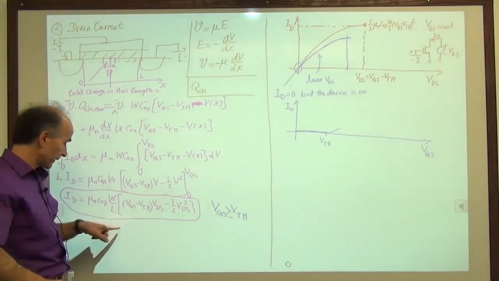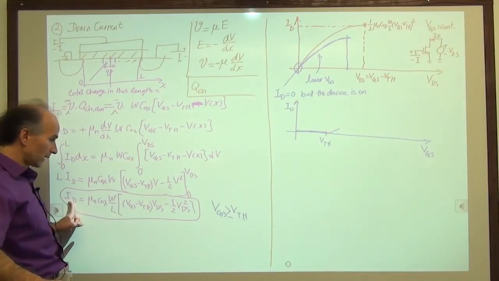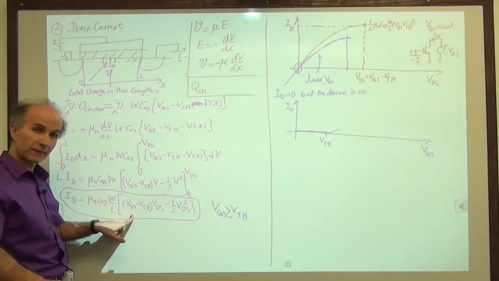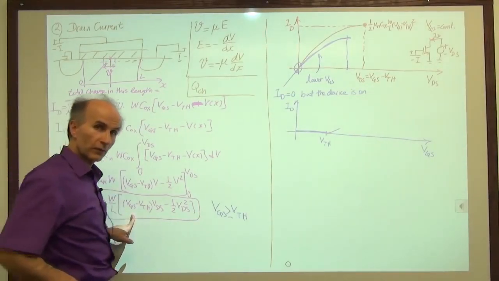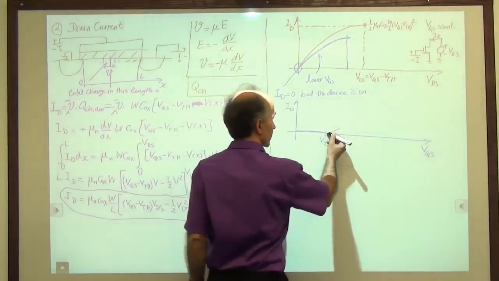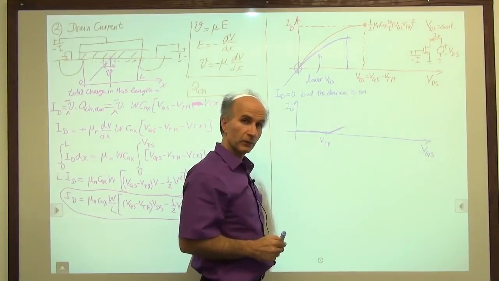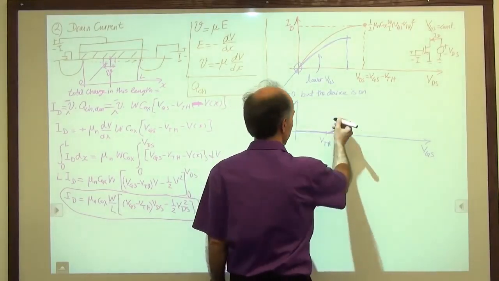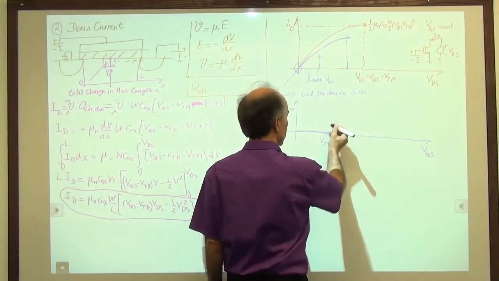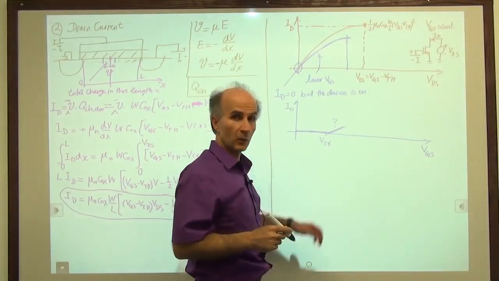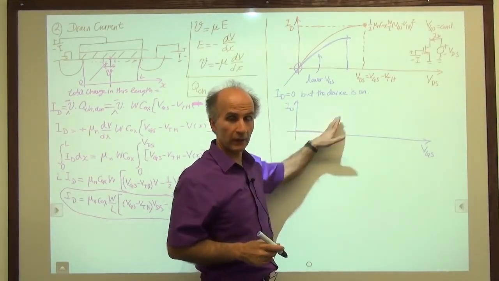Okay? All right. So then when VGS starts increasing, ID starts going up, as predicted by this equation, right? Now, this equation says ID is proportional to VGS minus VTH. So it means that it goes up straight. But that's actually not true, and we will have to see later why that's not true. So I'll just put a question mark here for you. Qualitatively, we know this should happen. No current, and the current goes up.